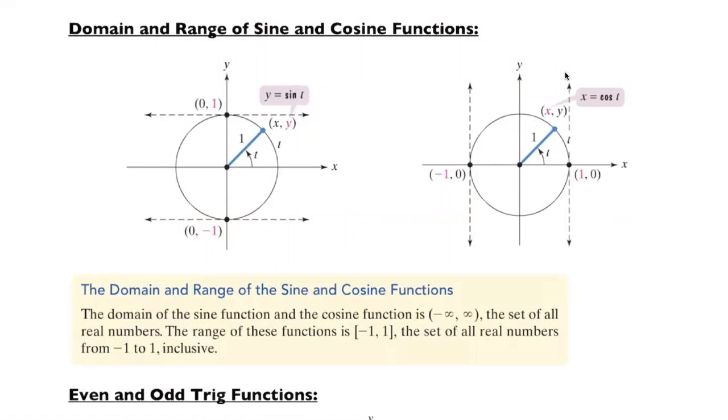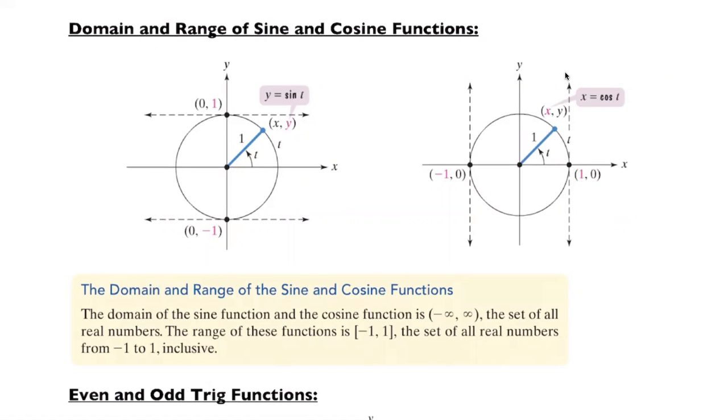That's it. Now the domain is anything. We've talked about we could rotate 60 times around the circle and land in the same spot. So we can put in any value, positive or negative, for t, but the value of the sine of t, which is going to be your y coordinate, is always going to be a number between -1 and +1.